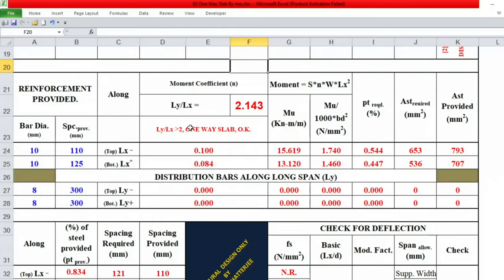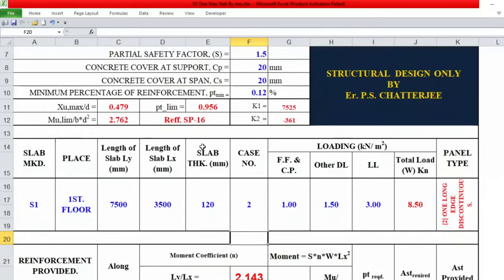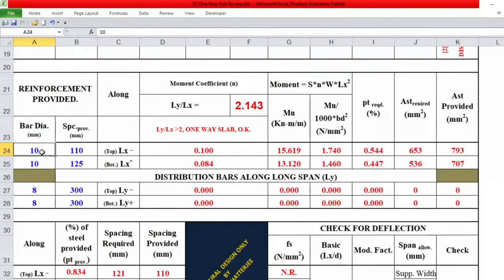Ly by Lx greater than 2, one-way slab, okay. Selected bar dia 10, spacing provided 110 for top, and for bottom it is 10 dia and 125 spacing.